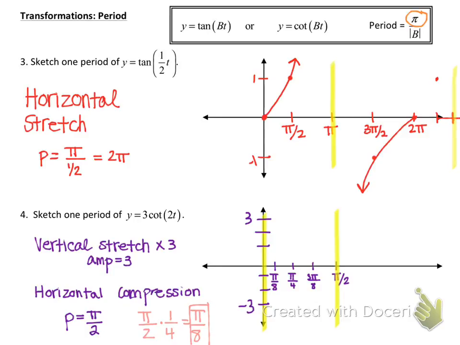And since it's cotangent, I start up at 3 for my first interval, so pi over 8, 3, because I know it's going to decrease. Then we go to pi over 4, comma 0, and then we go to 3 pi over 8, comma -3. And so it's going to decrease and look like this, and continue in both directions towards our asymptote.